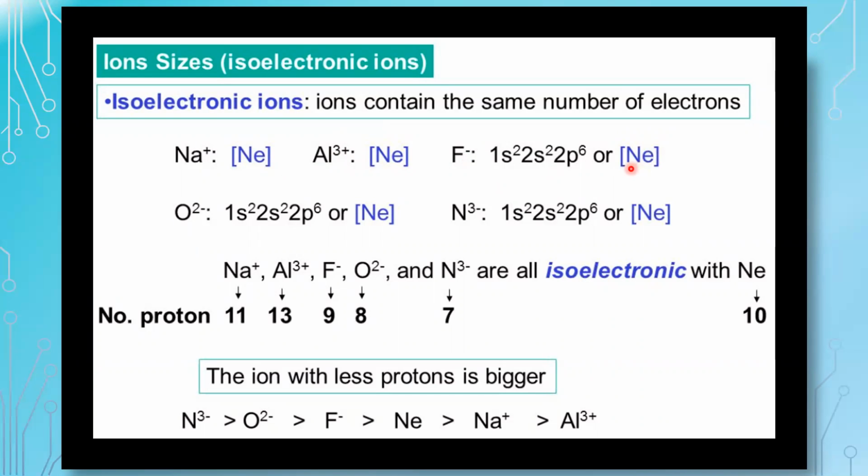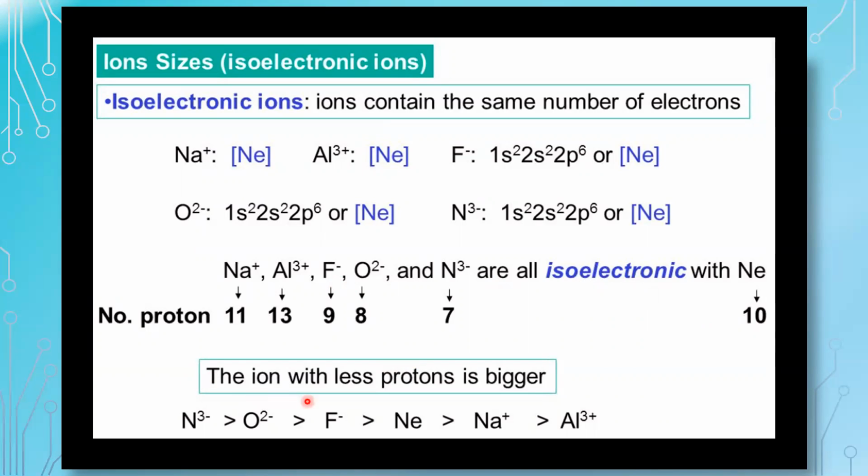This is again 10 electrons. O2-, 10 electrons. N3-, 10 electrons. So Na+, Al3+, F-, O2-, and N3- all come under isoelectronic ions having 10 electrons.